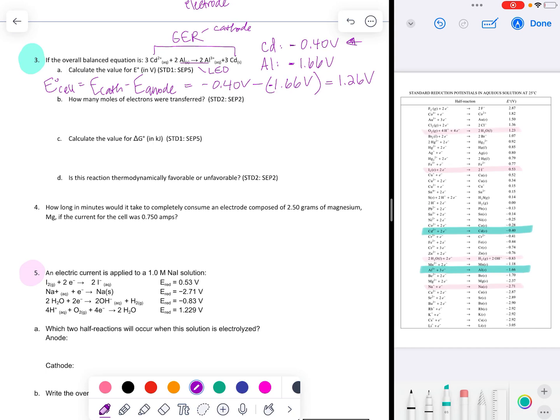Okay. Notice that even when I look at these reduction potentials, my aluminum is oxidation and my aluminum doesn't match this equation, right? Because it's going the other way. When I plug it into the equation, I'm not changing the value for this E under standard conditions. I'm always leaving it as a reduction.